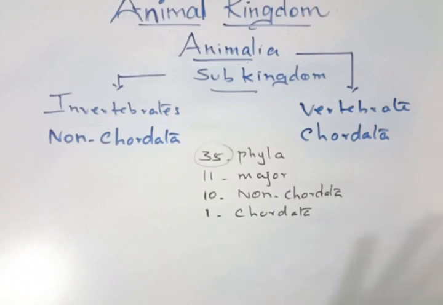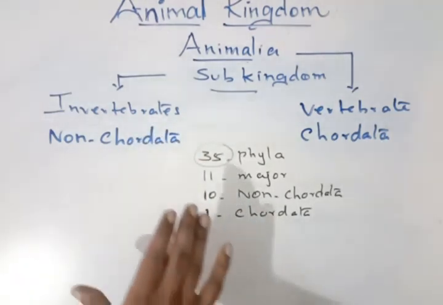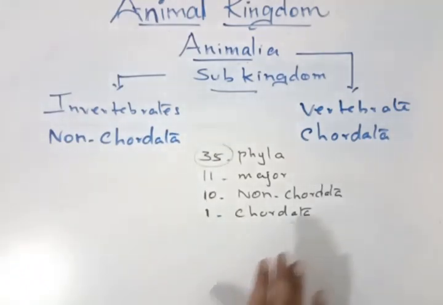Okay, so after completing the entire chapter, again we will come back to this flow chart, so that you will come to a conclusion. We are studying only a part of it now, so we will focus on the invertebrate non-chordata, and then we will discuss the chordata. Chordata not now; after completing the non-chordates, then we will go for the chordata.